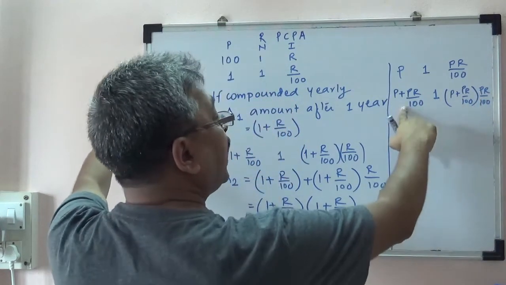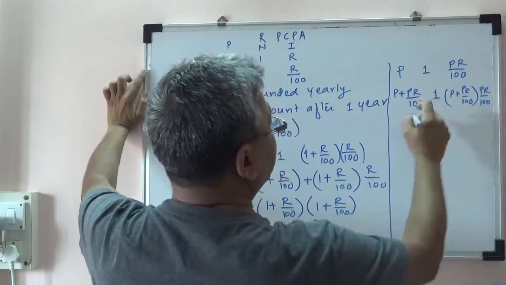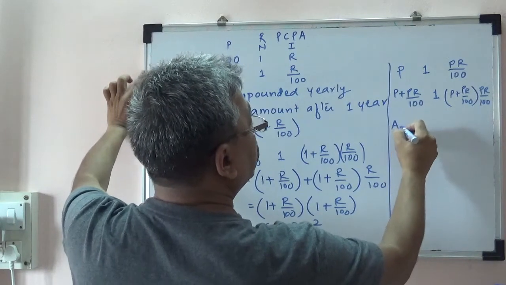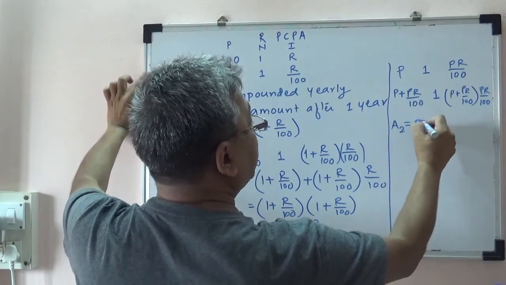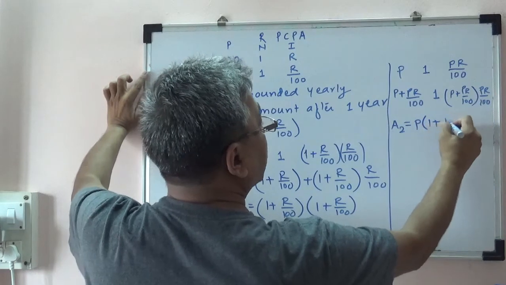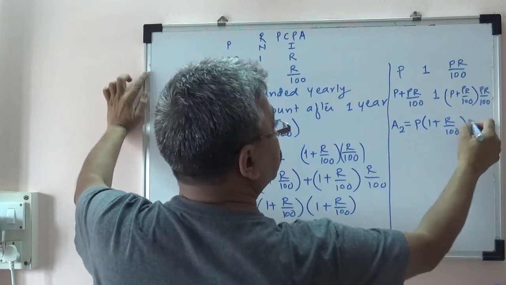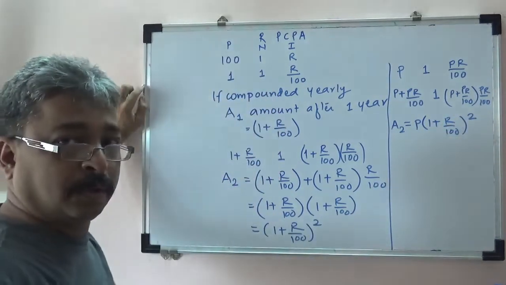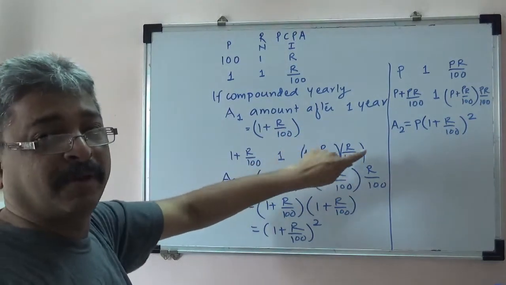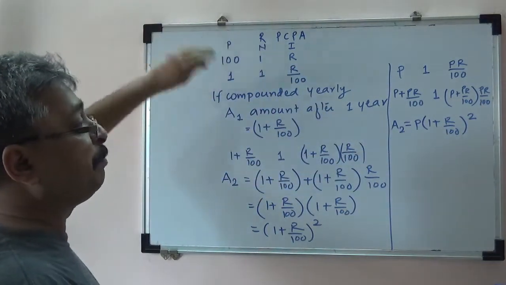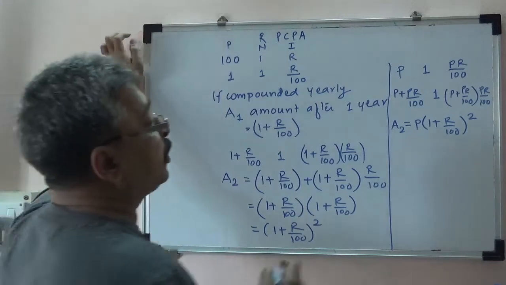And then if I add this principal to this interest, then I get amount after 2 years is P times 1 plus R upon 100 raised to 2. This is the formula for compound interest, compounding annually, and what will be your amount.